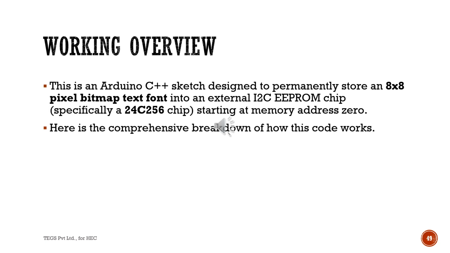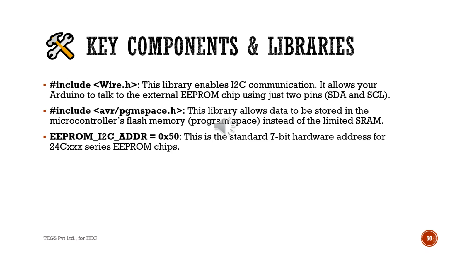This is an Arduino C++ kit designed to permanently store 8x8 pixel bitmap text font into an external I2C EEPROM chip, specifically 24C256 chip starting at the memory address 0. Here is the comprehensive breakdown of how this code works.